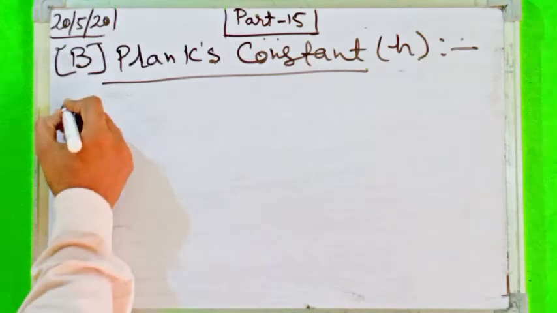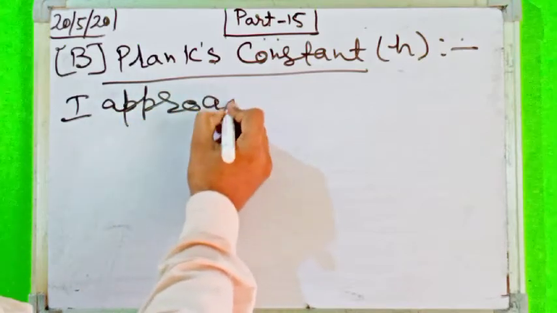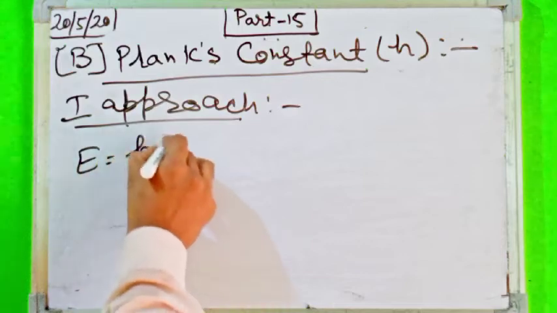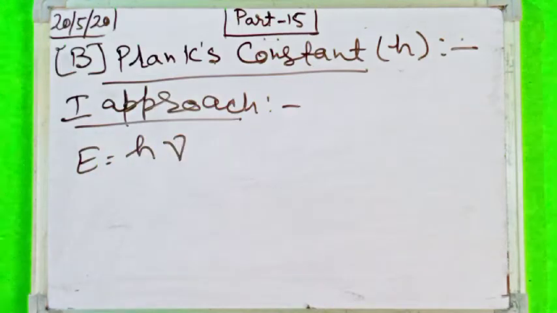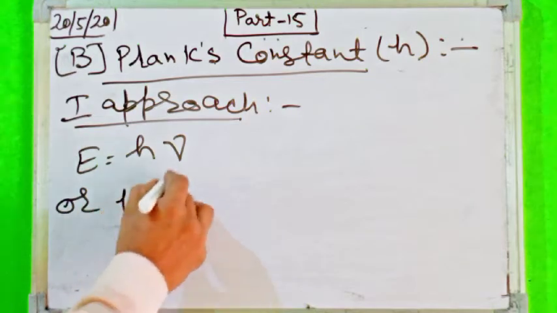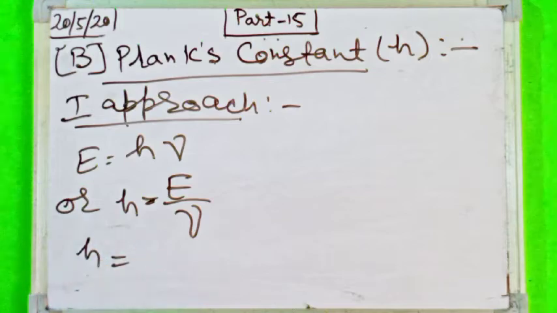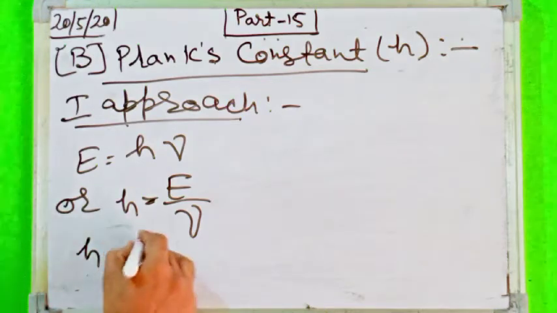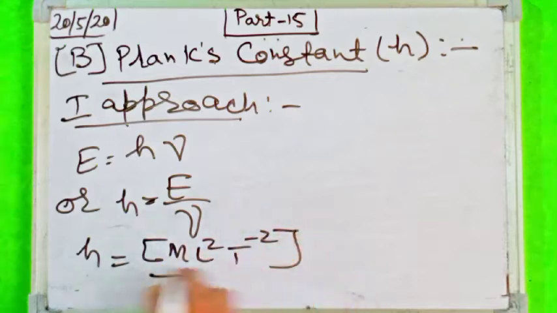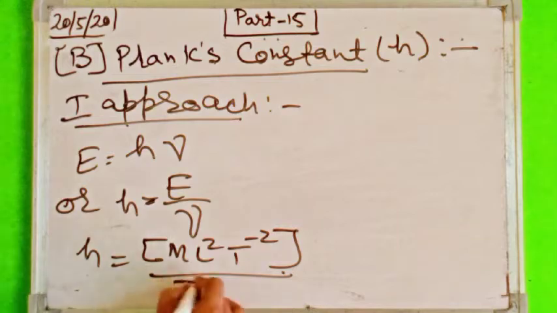From the first approach, you are knowing that E is equal to h into nu, or h is equal to E upon nu. Energy has dimension ML square T minus 2, and frequency is T minus 1.